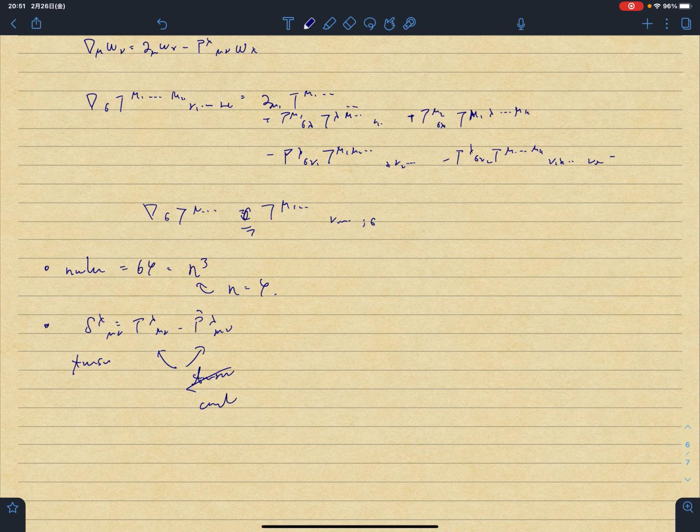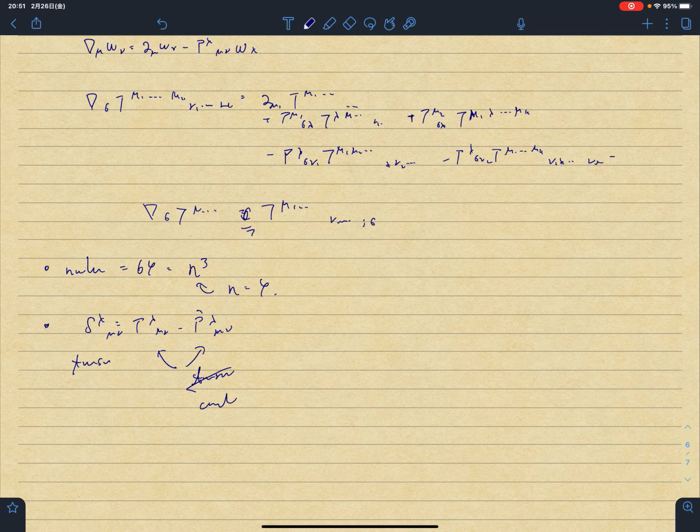Of course you know already the transformation rule of gamma in changing from one coordinate system to another.